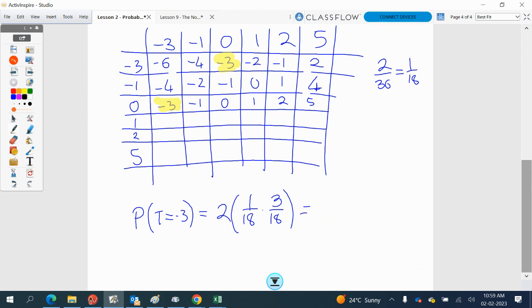So this gives us 1 out of 54. Which calculation is correct?